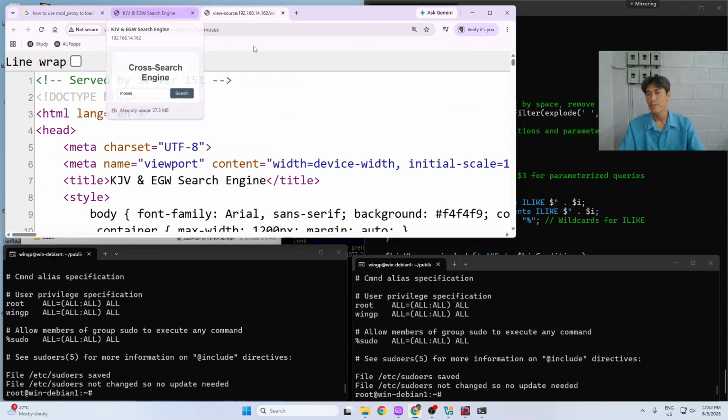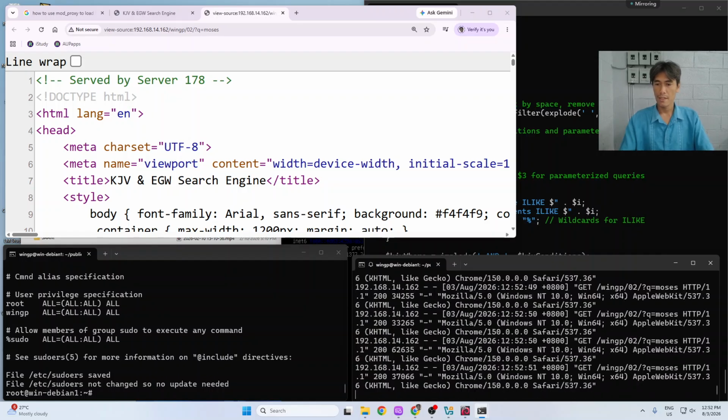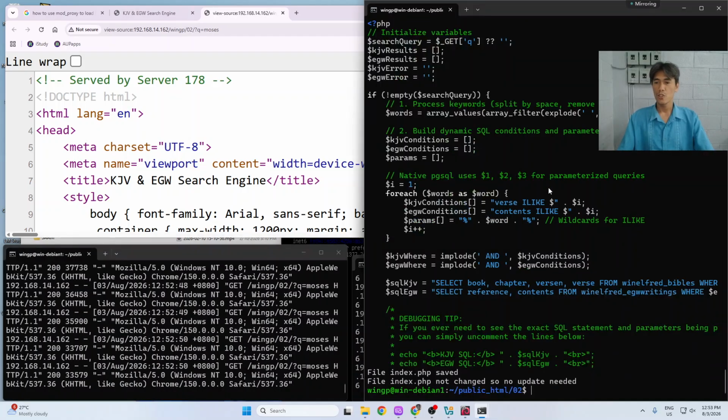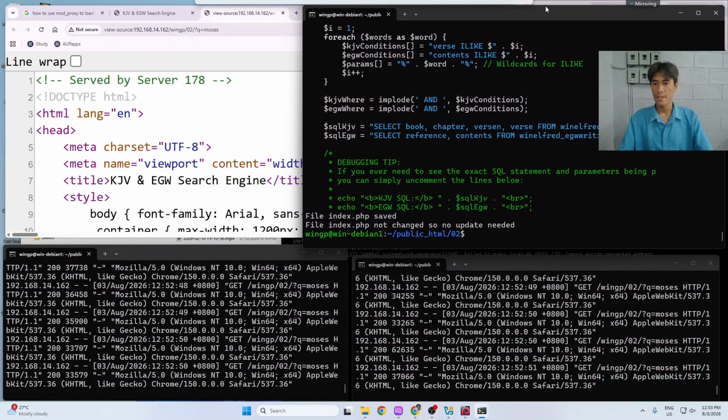So now, my friends, let's. So we verified, yeah. Sometimes it's 178, sometimes it's 171. Galing. Sorry. Yan. Yan, okay. So ito naman, tingnan natin dito. We will see here the access log.